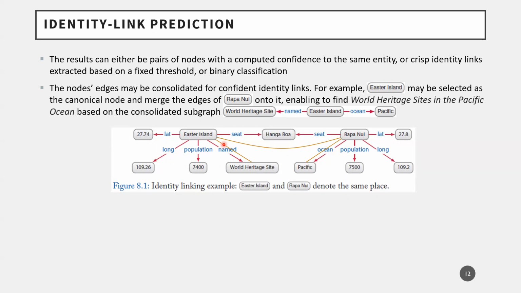Based on the consolidated subgraph, the World Heritage Site is named Easter Island, and thus is in the Pacific Ocean. That's very interesting, if we can combine the surrounding information of two entities representing the same place. We can combine the information.